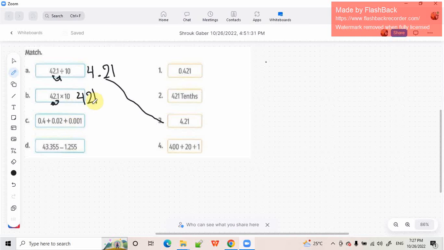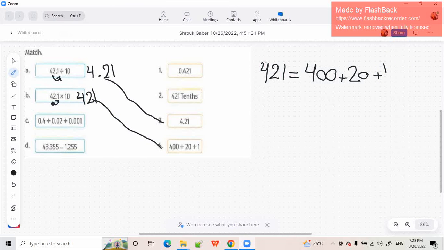Okay, if I write this number 421 in expanded form, it will be 400 plus 20 plus 1. So the answer number 4. That means he must give a number in standard form? No, he can write a number in another form.